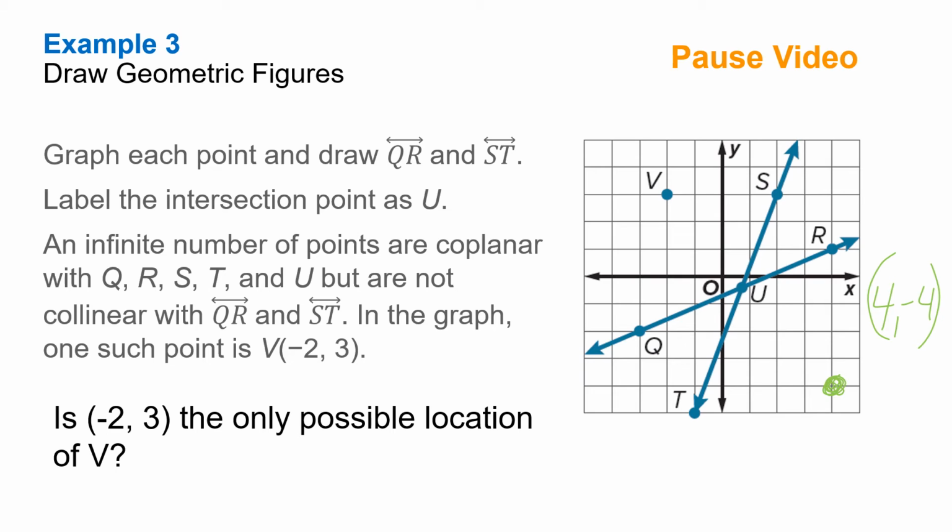But is the point 4, -4 collinear with ST and QR? No. So 4, -4 is another possible location for V. In fact, V can be any point on the plane that is not on line QR or line ST.